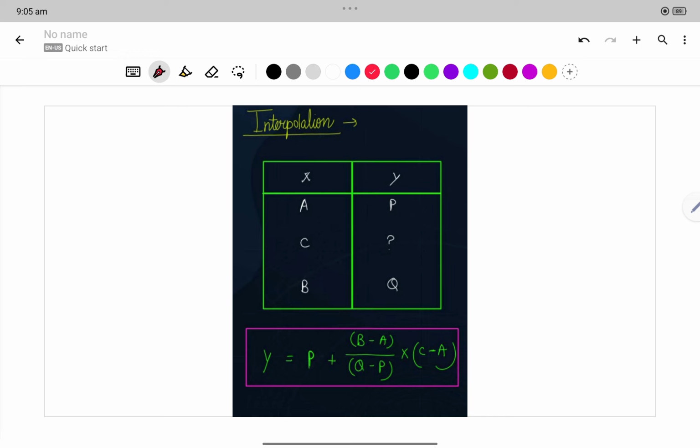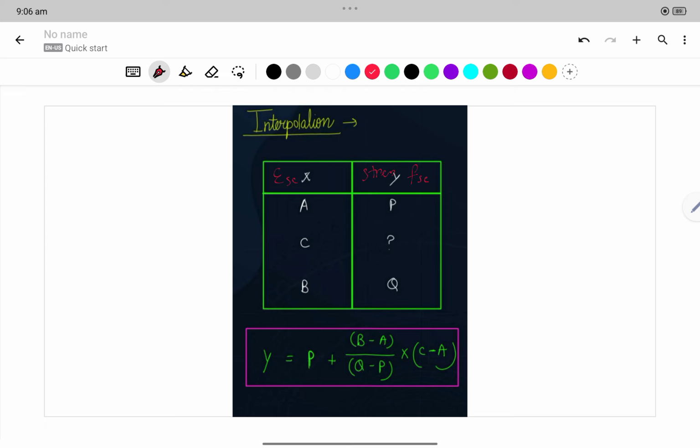See now how to do the interpolation. So if you say this value is the strain value and this value is given as the stress value, means FSC. So how will you calculate?